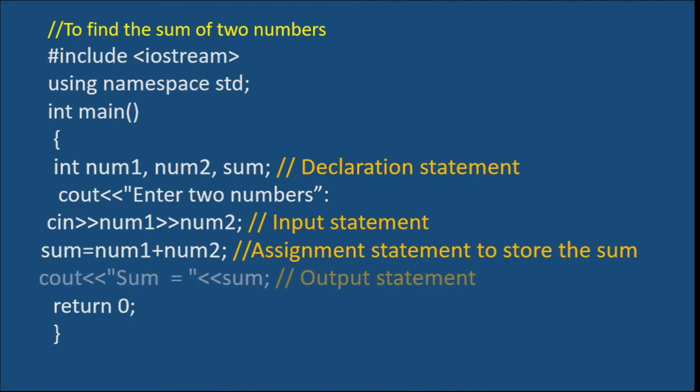Then, as far as this example is concerned, I have used a cascading style of input. Identify the different identifiers, the different keywords that we have used, the different punctuators that are included, and what are the different operators that we have used in this particular program.